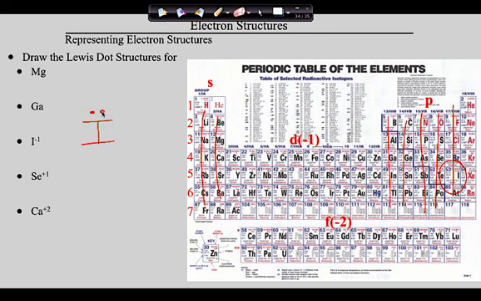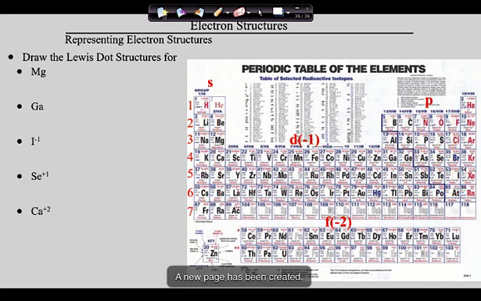Remember 1 and 2 pair up, then 3, 4, 5, 6, 7. Remember that 3, 4, and 5 go unpaired, then 6 and 7 pair up. But now we need to account for the fact that this has got a -1 charge. Again, to give it a negative charge, we add electrons, and in this case, we're adding 1 electron, so that would be the Lewis dot diagram for iodine.